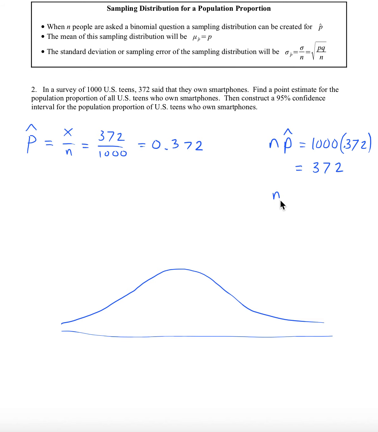And then we'll need n q hat, which is going to be 1,000 times 0.628. Which is 628. So there's no question the normal approximation can be used.